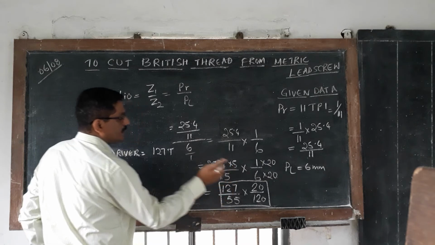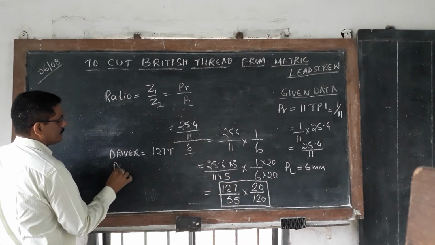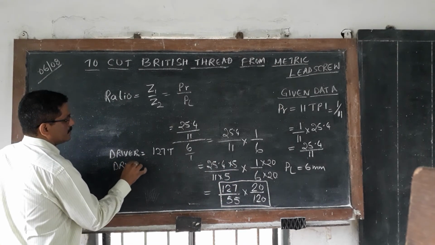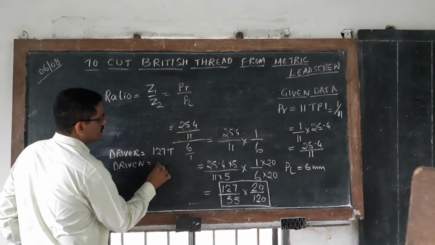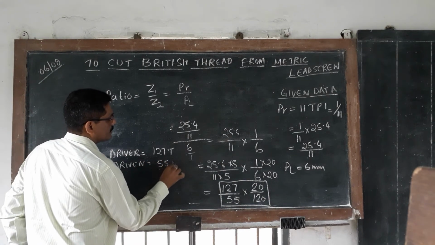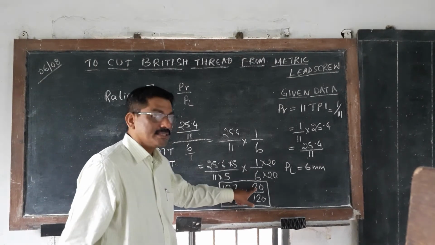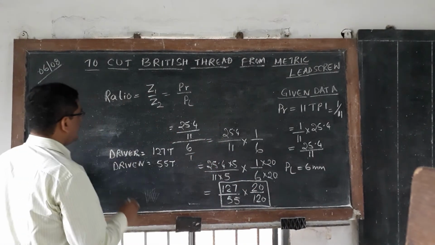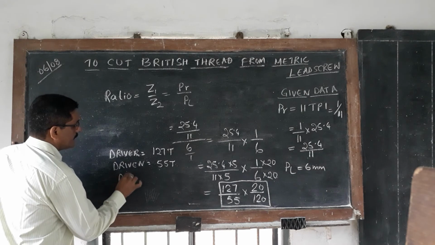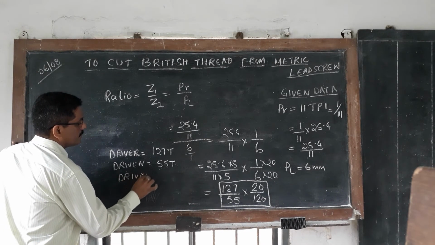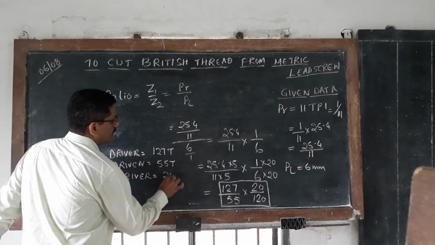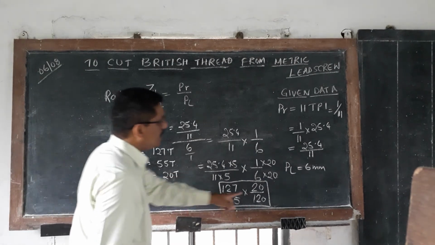Below this it is called the driven, so it becomes 55 teeth. Again over the 55 teeth the 20 gear will come, again a driver, a 20 teeth. And again, it is a 120.